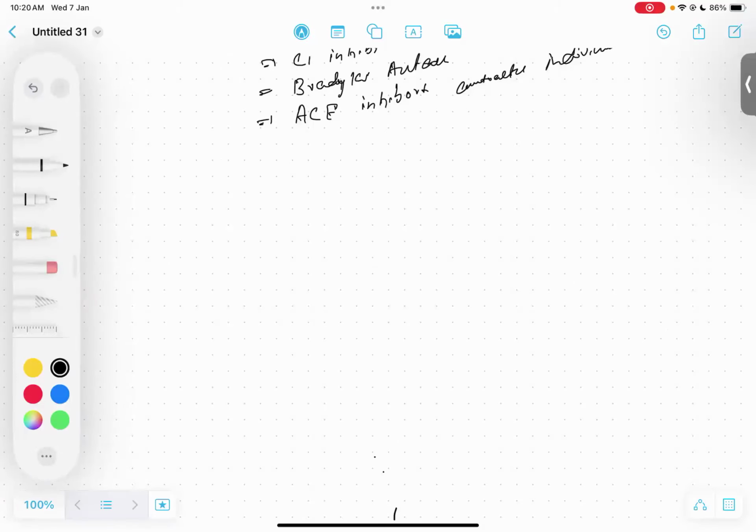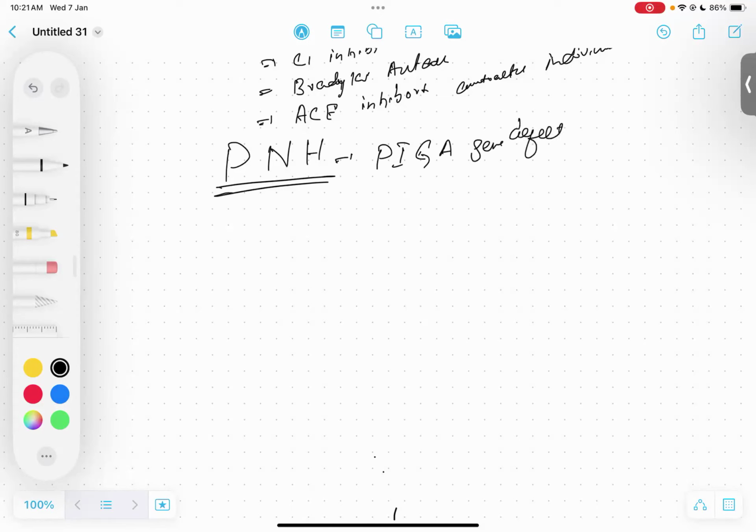The second one is PNH, paroxysmal nocturnal hemoglobinuria. Actually, the cause of this is usually a deficiency of a gene called the PIG-A gene, a defect that will cause decreased GPI anchor.